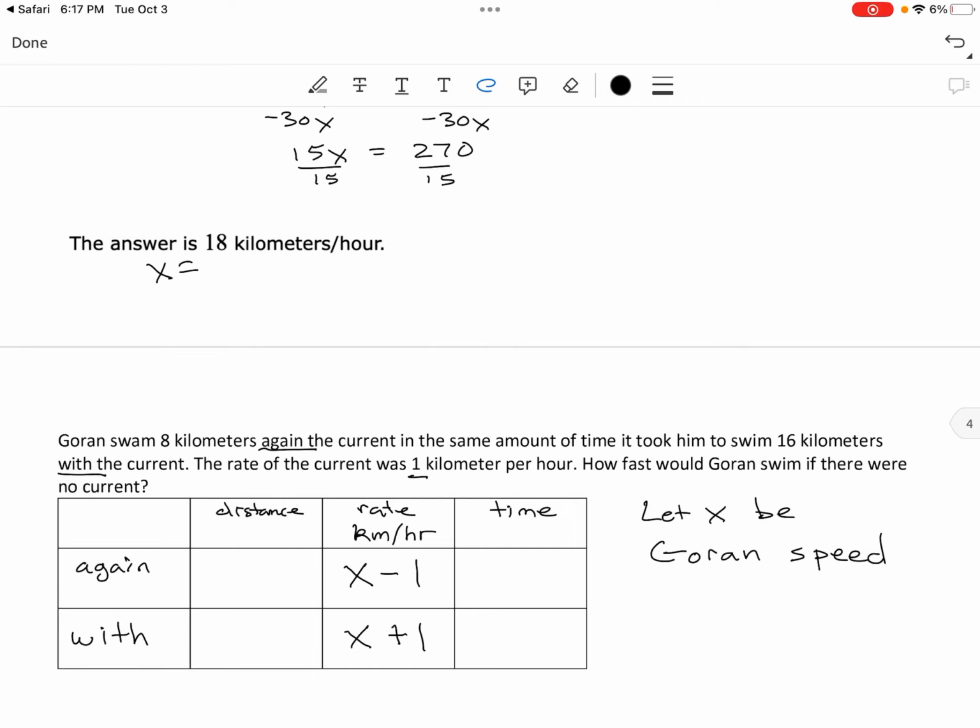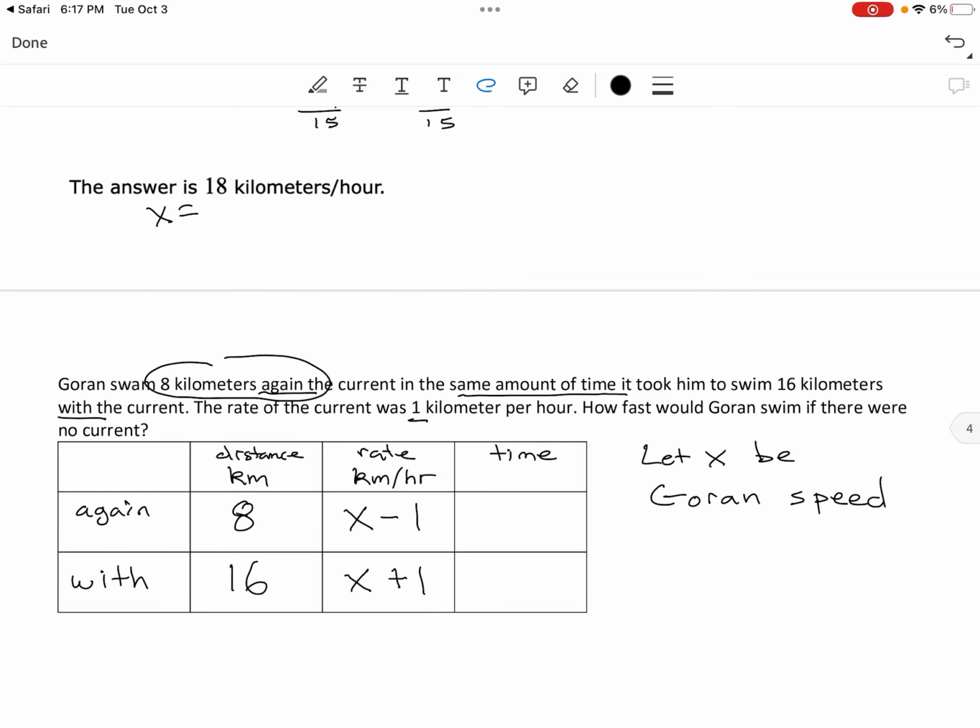It also tells us that in the same amount of time, he was able to swim 8 kilometers going against the current. So here is 8 kilometers. And in the same amount of time with the current, he was able to go faster, traveling 16 kilometers.